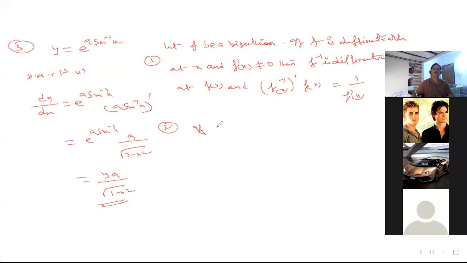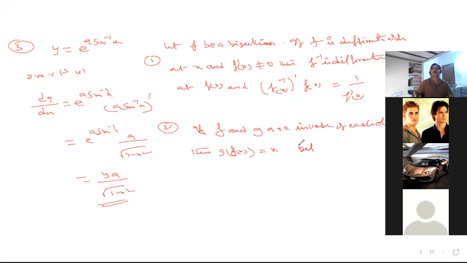This one also you please remember. If f and g are inverse of each other, then g of f of x is equal to x.